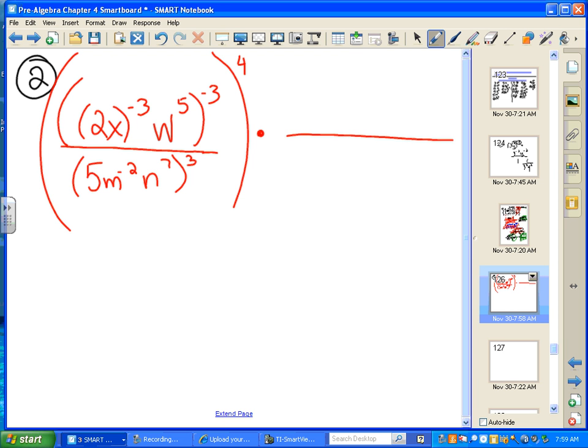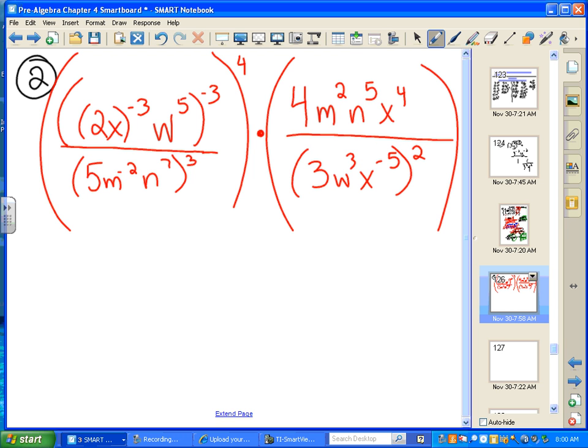We could get really crazy here and do divided by. 4m to the second, n to the fifth, x to the fourth, over, no parentheses on that, 3w to the third, x to the negative fifth, to the second, all to the negative second.